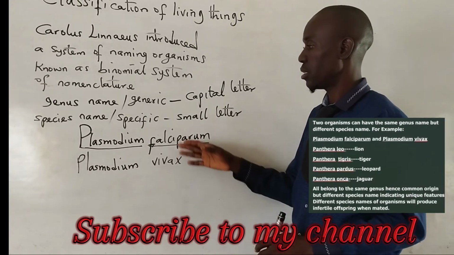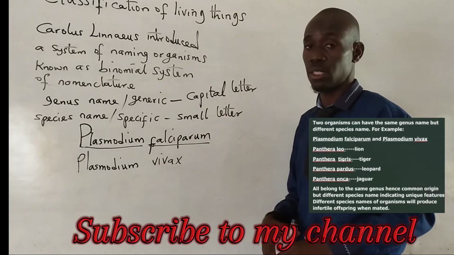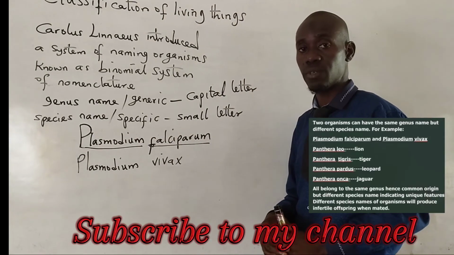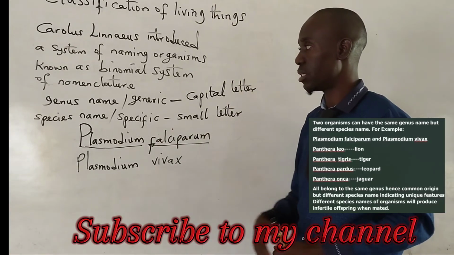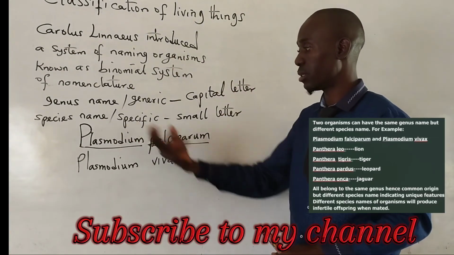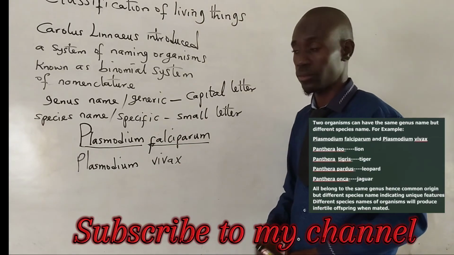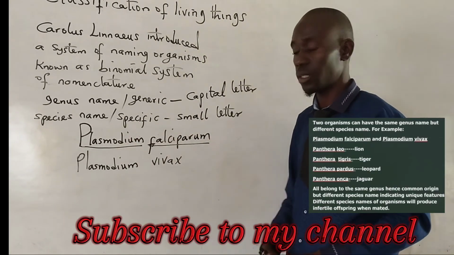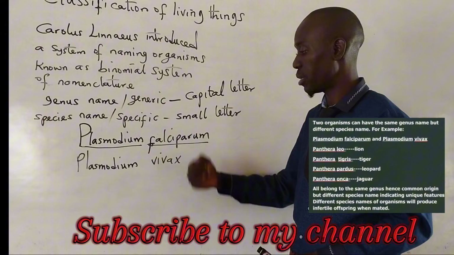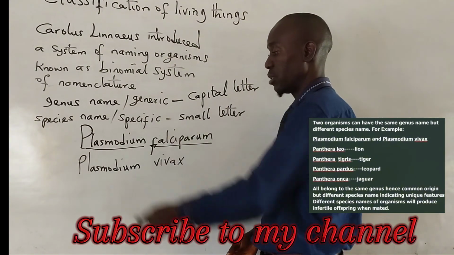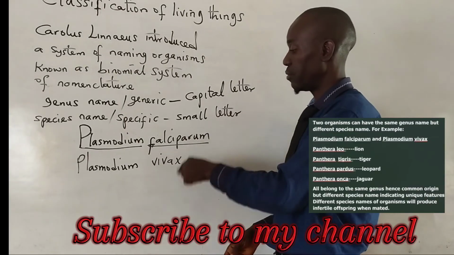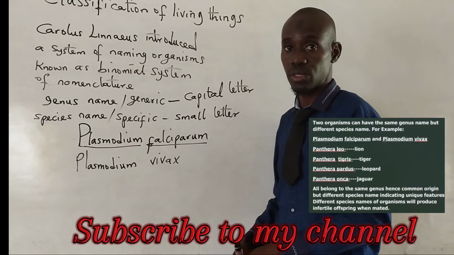So this is how to write the scientific name of organisms. And this represents the binomial names of these particular organisms. There are two organisms here: Plasmodium falciparum, Plasmodium vivax. Both belong to the same genus. Both have different species.